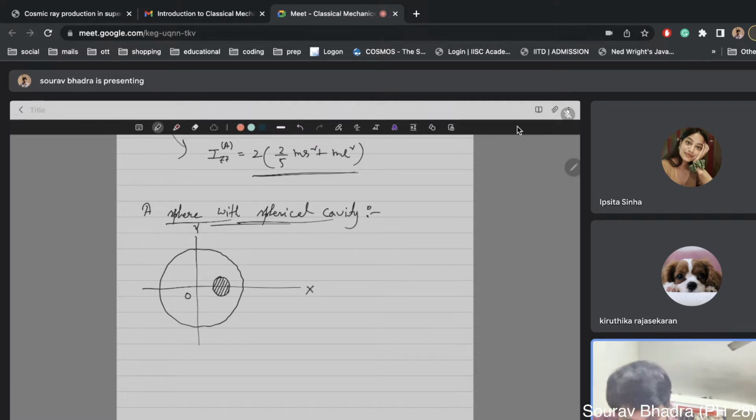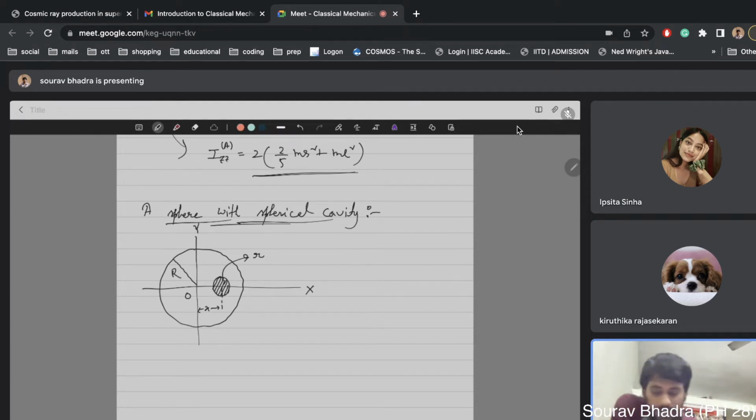And the distance of this hollow cut from this y axis is x. Say the radius of this hollow part is r, whereas the radius of the full sphere is capital R.